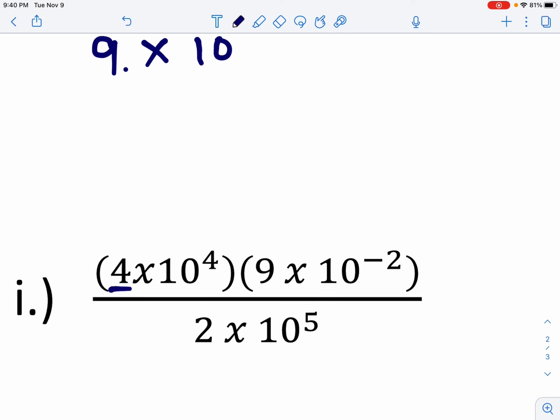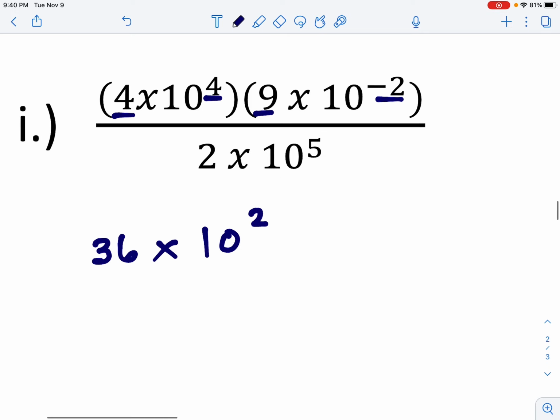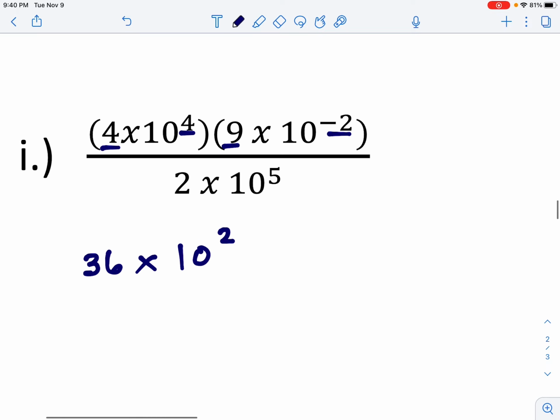We're going to multiply our numbers. 9 times 4 is 36 times, remember we add our exponents, 10 to the 4 plus negative 2 is 2. We can't put that into scientific notation yet. So we're going to wait on that and we'll put it into scientific notation at the end so that we have easy numbers to work with.